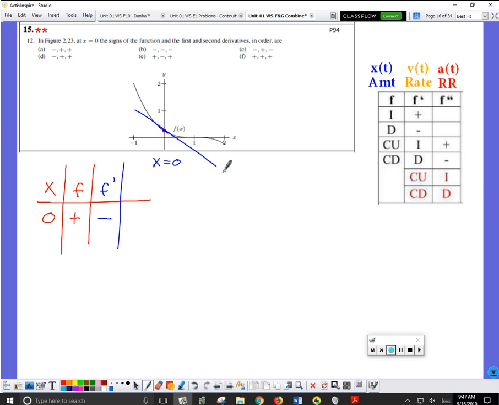That means the slope of this line will be some negative number. In fact, if we wanted to count it, it appears to be about, yeah, it's not quite -1. Negative's all I need. I don't care about the number. So if the tangent slope of f is negative, the y value of f prime must also be negative. There we go.